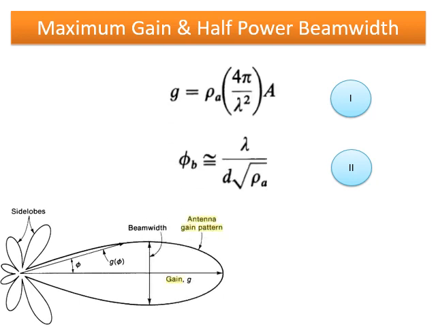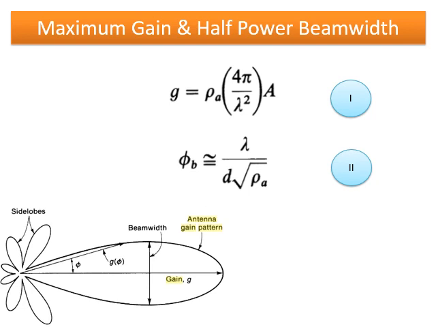First, G is equal to rho a multiplied by 4 pi over lambda squared into A. So here A is the antenna aperture, that is the cross sectional area of the conductor of a material that is used to design the antenna.